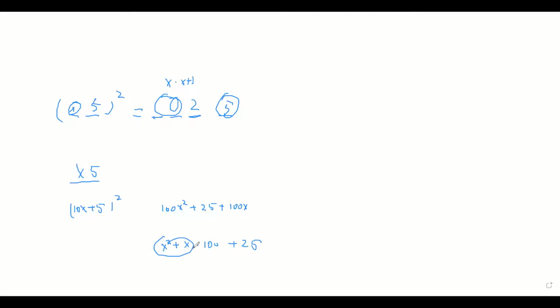So all you need to do is determine if this is an even number. x squared plus x is equal to x times x plus 1. If this is an even number, then the entire thing is an even number.